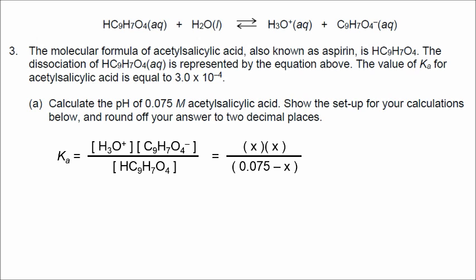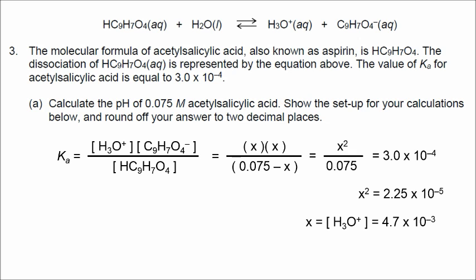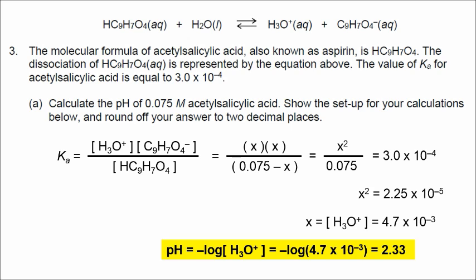Let's put in 0.075 minus X, and then we set that equal to the Ka, which is 3.0 times 10 to the negative 4. Notice that I made the simplifying assumption on the bottom that the minus X part can be ignored because X is relatively small. When we solve for X, we get that the hydronium concentration is 4.7 times 10 to the negative 3, and we take the negative log of that value, and the pH is equal to 2.33.